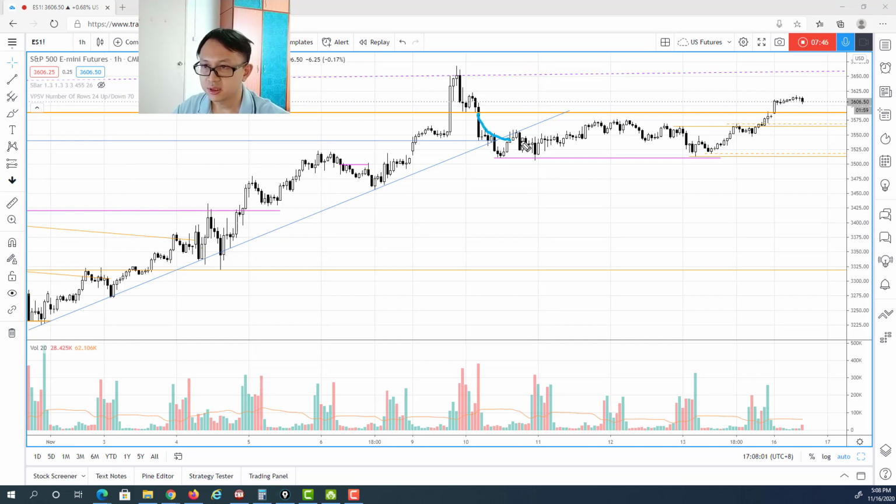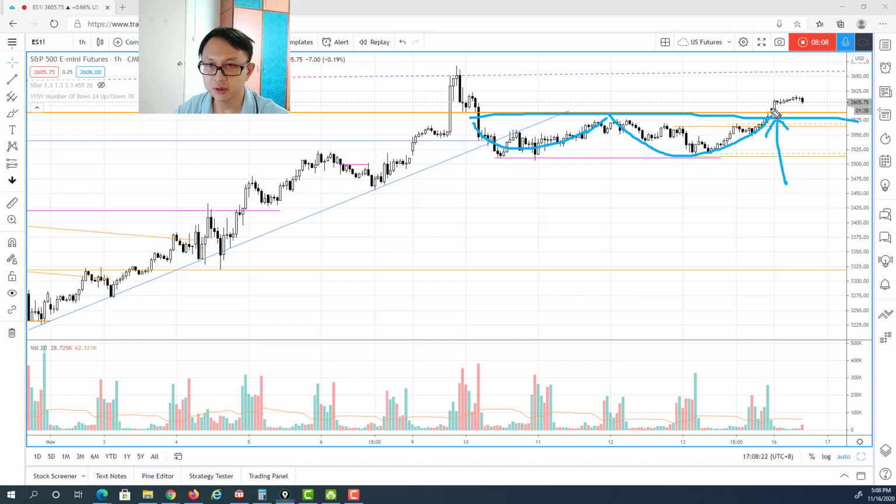Here is the double bottom, and probably that's the neckline, and we see this breakout and currently have a consolidation. If we want to trade this kind of double bottom in the hourly time frame, I think it's very obvious.